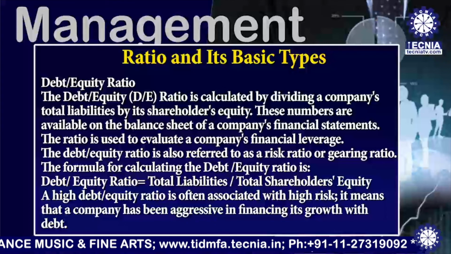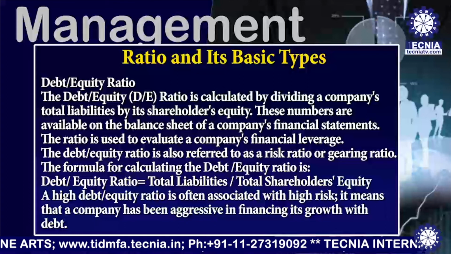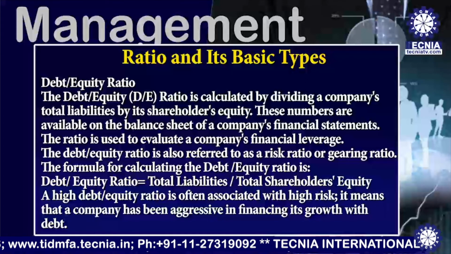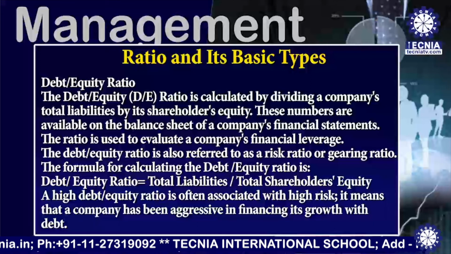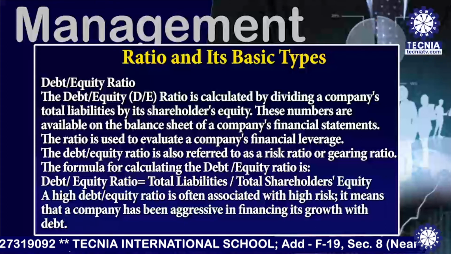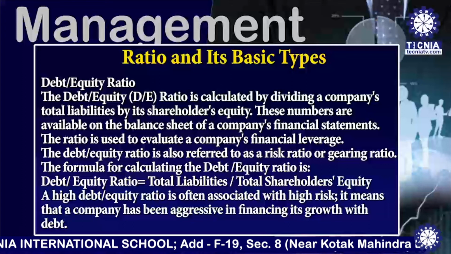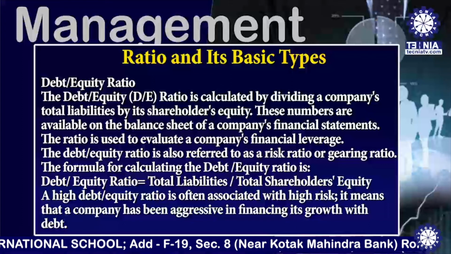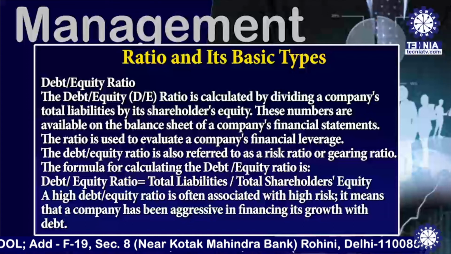The formula for calculating the debt equity ratio is total liabilities divided by total shareholders' equity. A high debt equity ratio is often associated with high risk. It means that a company has been aggressive in financing its growth with debt.